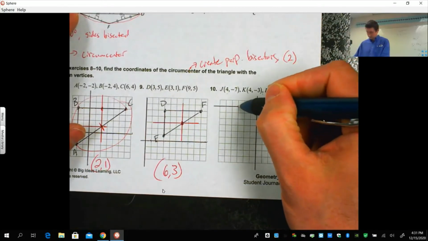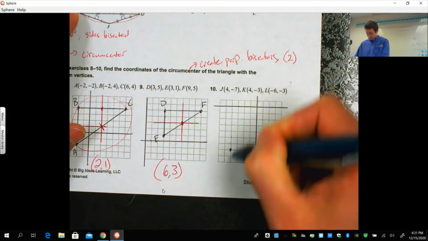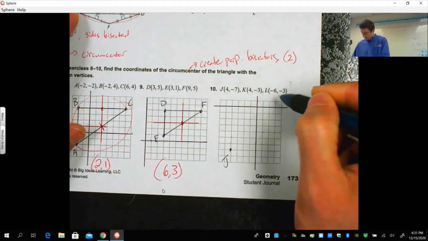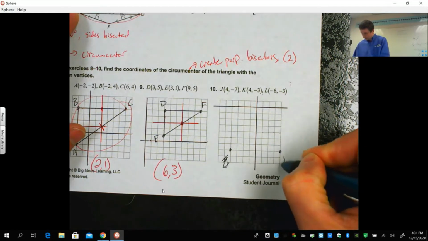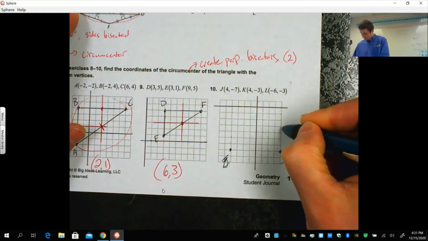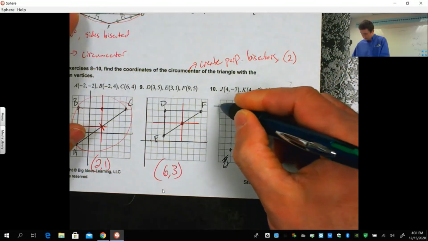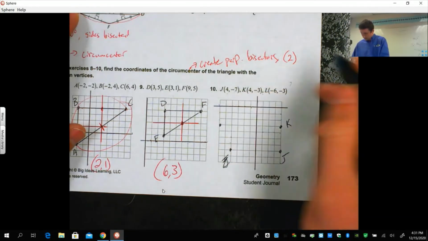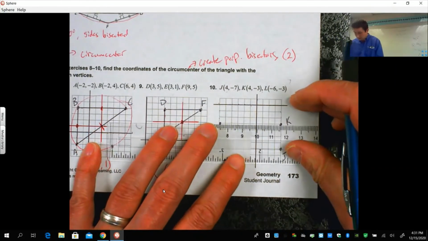There's J. 4, negative 3. There's K. Then negative 6, negative 3. There is L. Yay for right triangles.